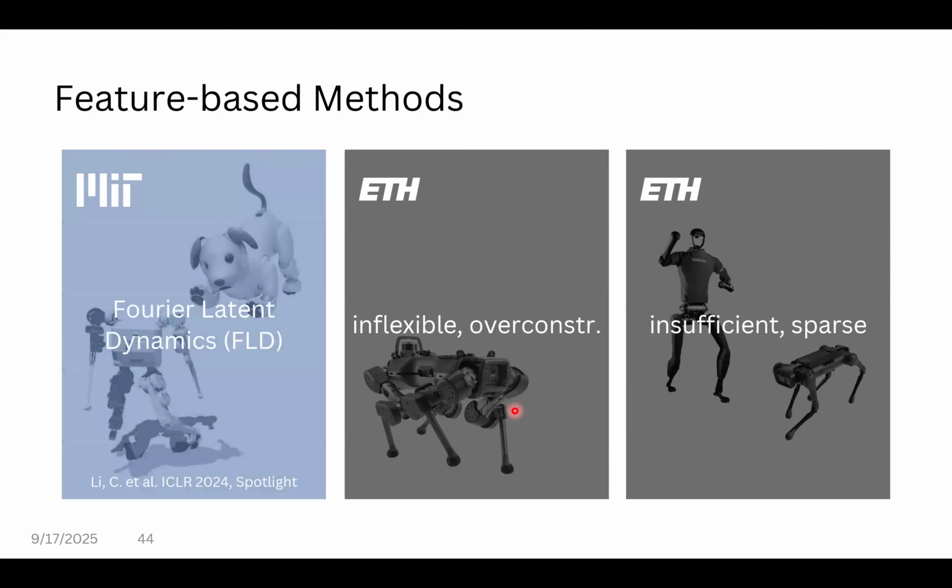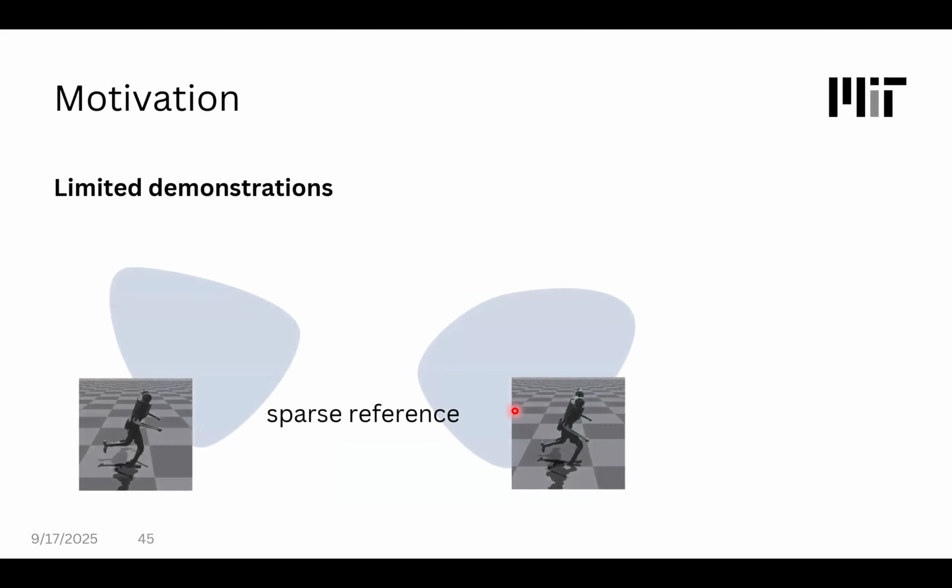So first thing, Fourier latent dynamics. Let me again motivate you. Imagine now you have this nice dataset of a human doing different things. This, for example, is a stepping in place, and you have some kind of striding motion. And you have rather sparse reference motions, because when you record data, normally you can't even get hundreds of motions.